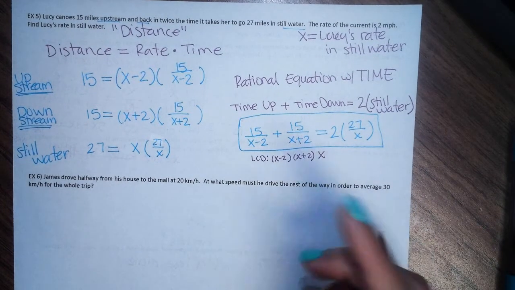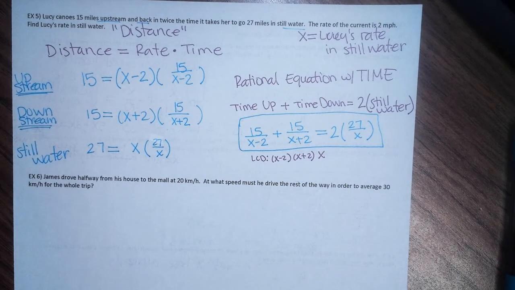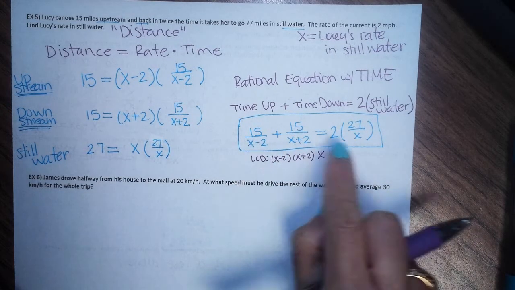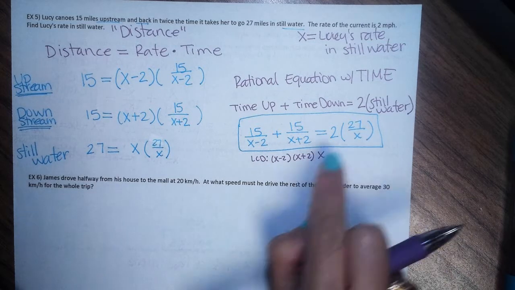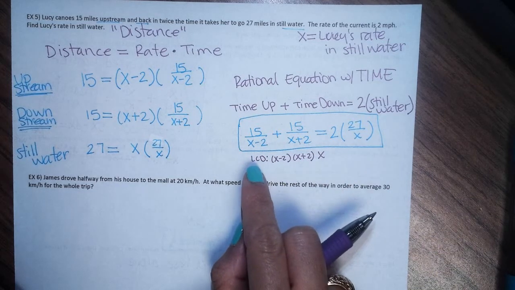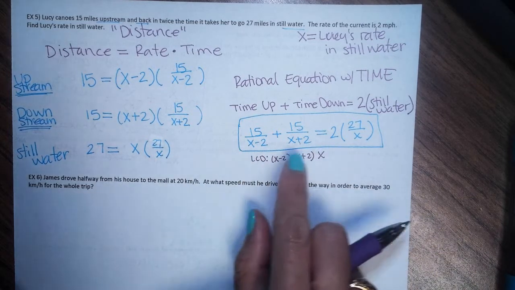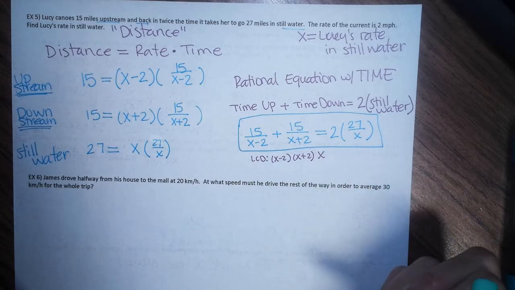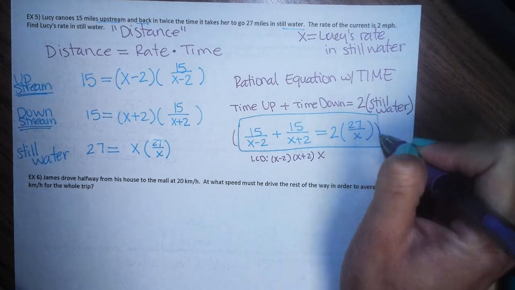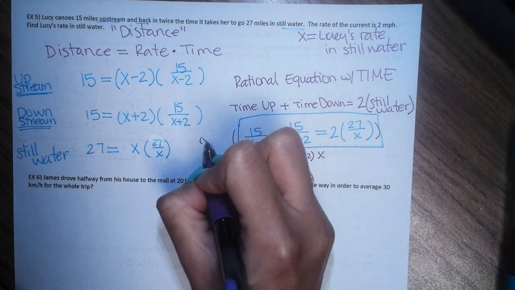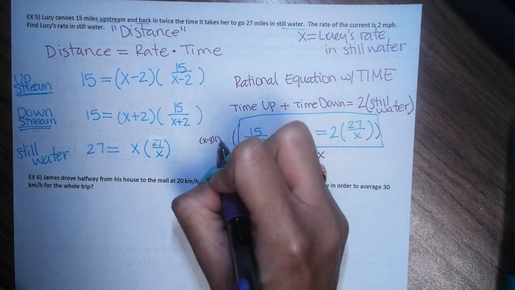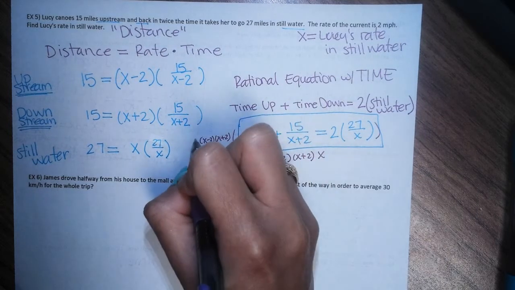If you recall from 11.5, when you're trying to find the LCD, you do what I just did: x minus 2, x plus 2, and x. So we would have to multiply this whole thing by the LCD. Okay, let's just do it. Let's multiply by x minus 2, x plus 2, and x.